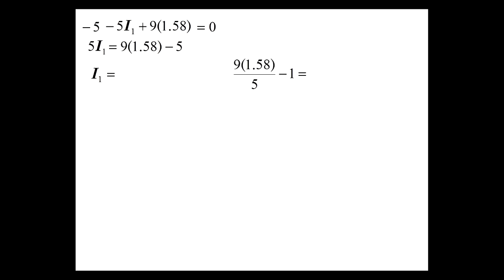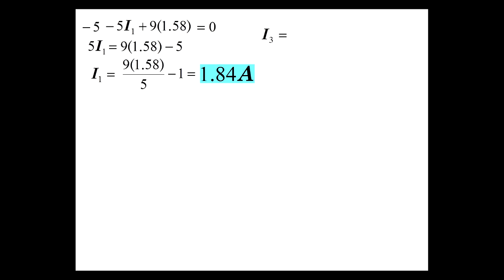So I1 is equal to basically 9 times 1.58 over 5 minus 5 over 5. 5 over 5 is 1. Giving us I1. There we go. And then the last part, I3, which is I1 minus I2. There are the numbers. And there's the answer. And we have solved for the unknowns in that circuit.